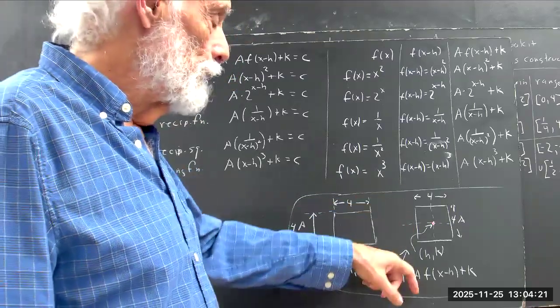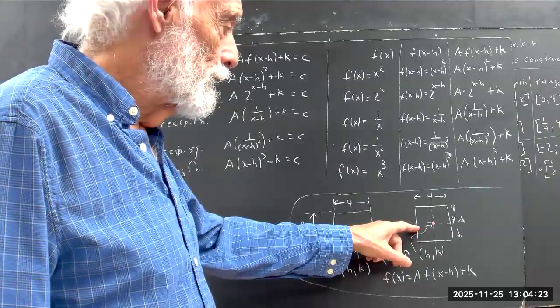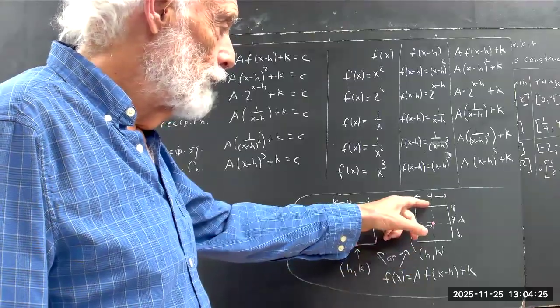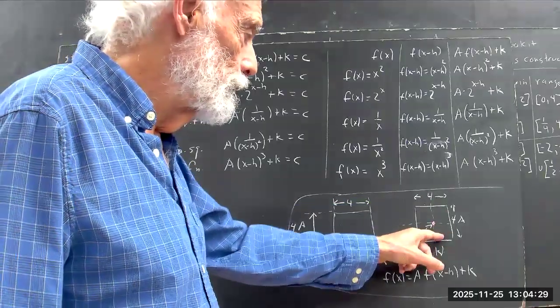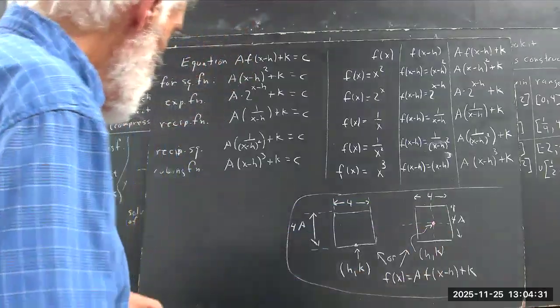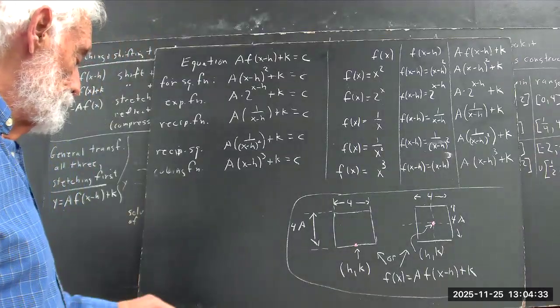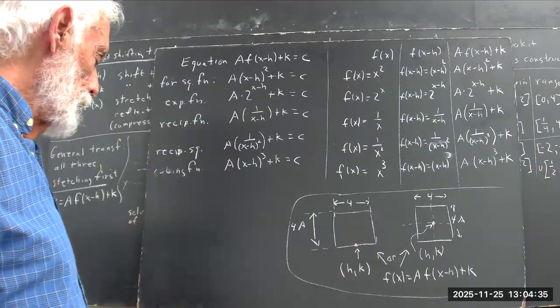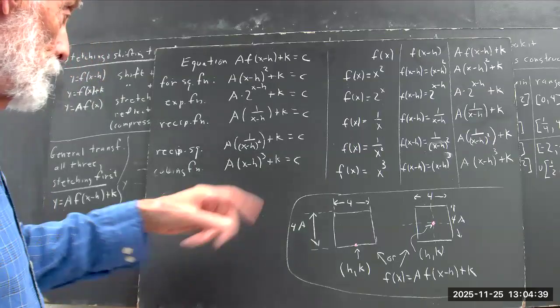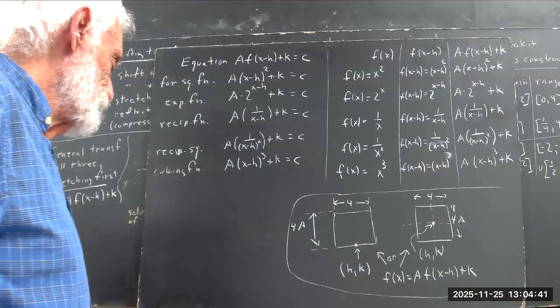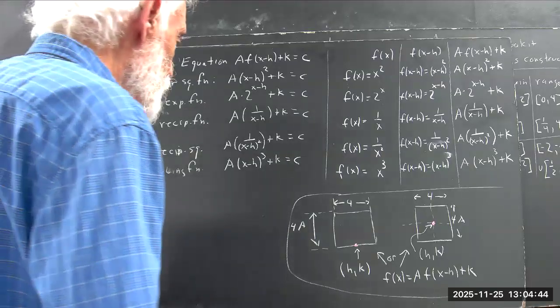If it's a reciprocal function, then instead of having a curve here, you're going to have one up here, and instead of having the curve up here, you're going to have one down here. I'm not going to draw that, but you should understand that. And if you want me to draw those, let me know. Actually, I'll go ahead and draw them.